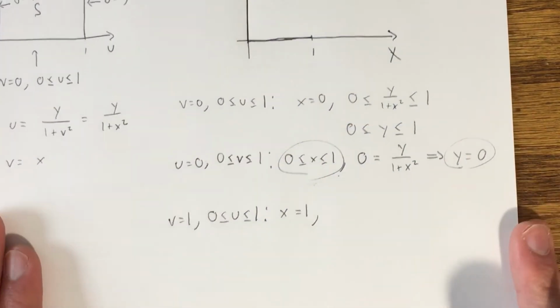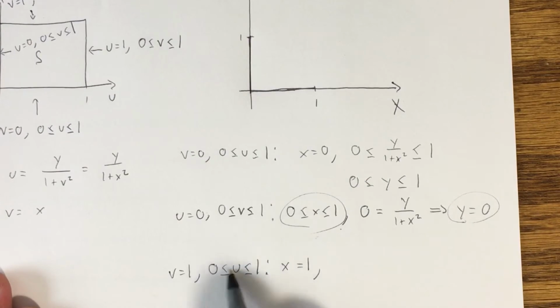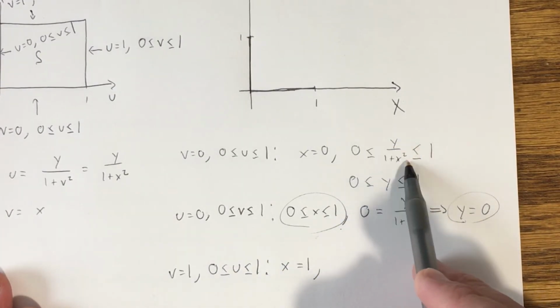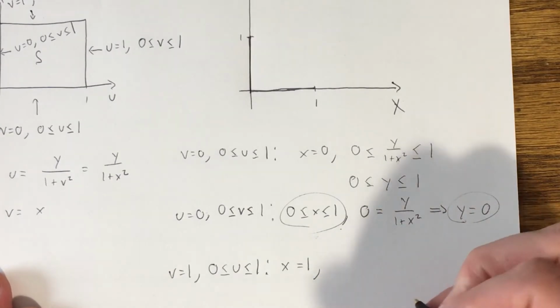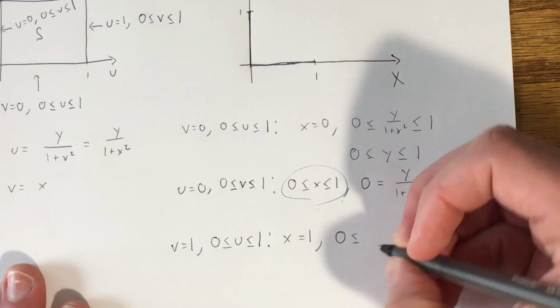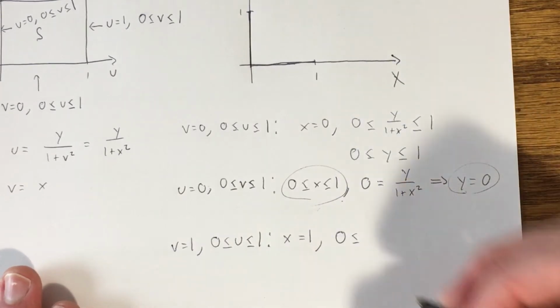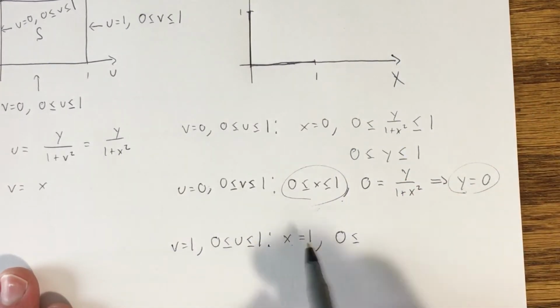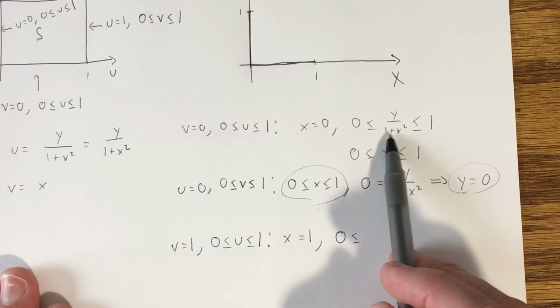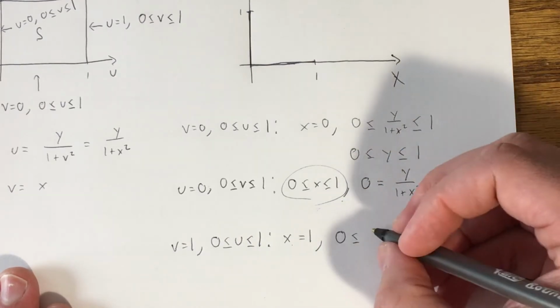And then again, when u was between 0 and 1, we substituted y over 1 plus x squared in for u. So we got 0 is less than or equal to y over 1 plus x squared. Now, if x is equal to 1, I can plug that in for the x right here, and I get 1 plus 1, so I get y over 2.